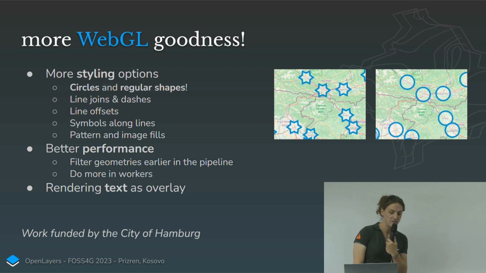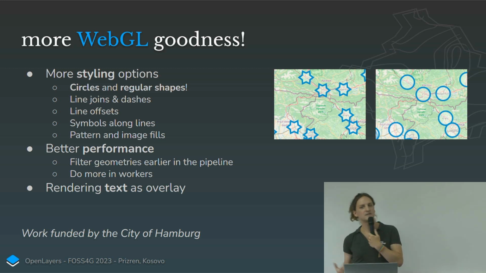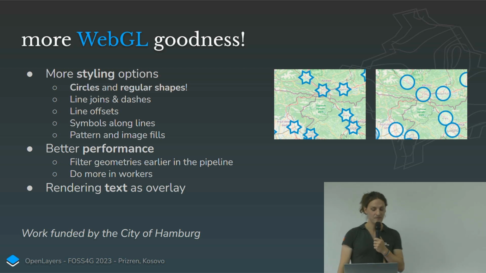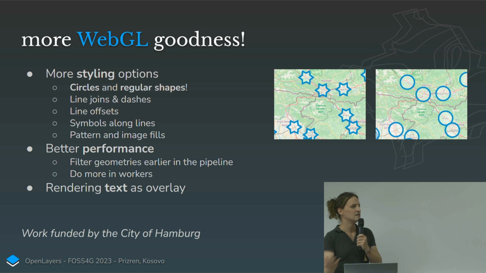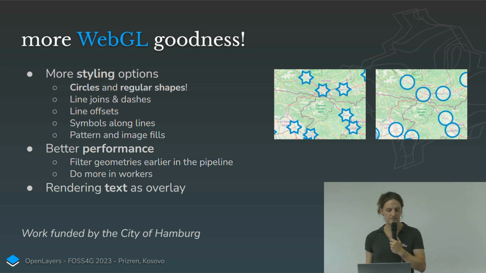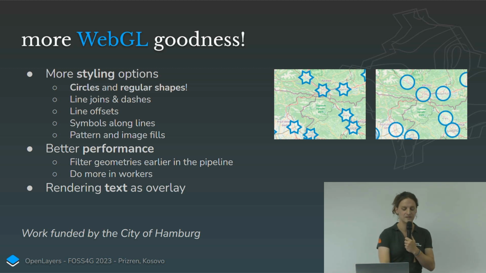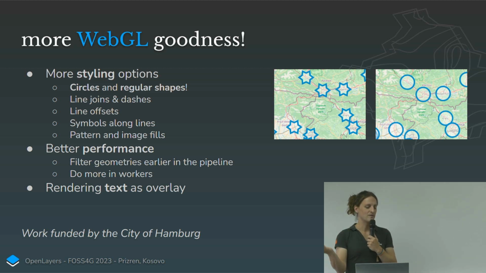There's also better performance that we want to obtain with different things, like maybe doing more things in the workers. Again, workers are really essential for performance. And also filtering geometries earlier in the whole process so that we don't have that much work on the GPU, on the graphical chip. And also we want to be able to render text, because the WebGL renderers in OpenLayers have never been able so far to render text. And we want to have that eventually.